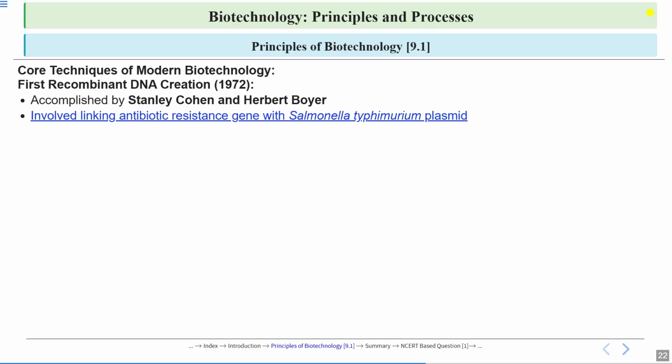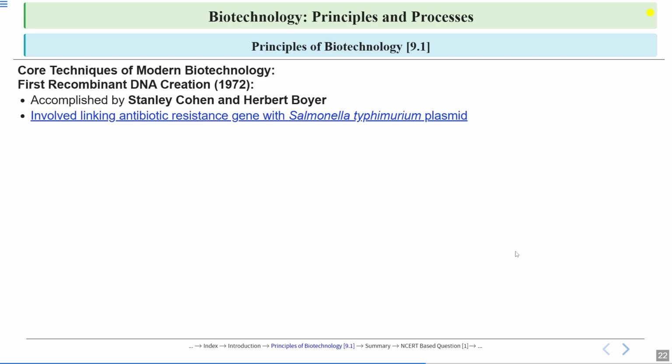A plasmid is an autonomously replicating, circular, extrachromosomal DNA. It means it replicates, but it has nothing to do with the actual chromosomal DNA. It is extrachromosomal DNA. So they linked the antibiotic resistance gene, the desired gene, with this native plasmid of Salmonella typhimurium.